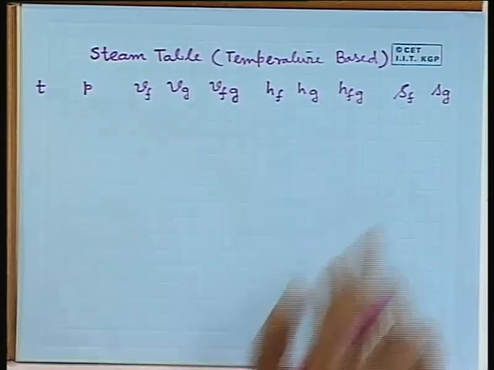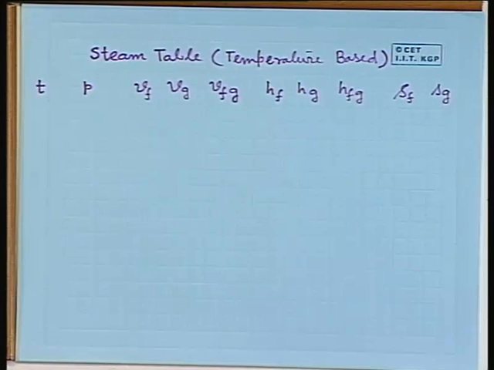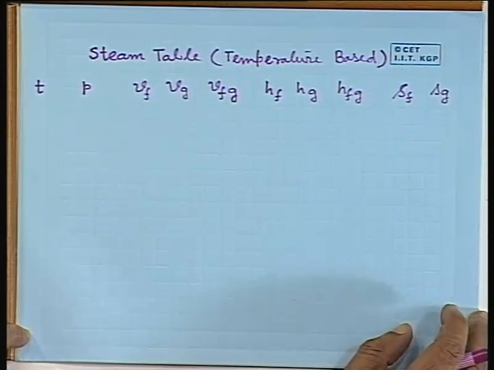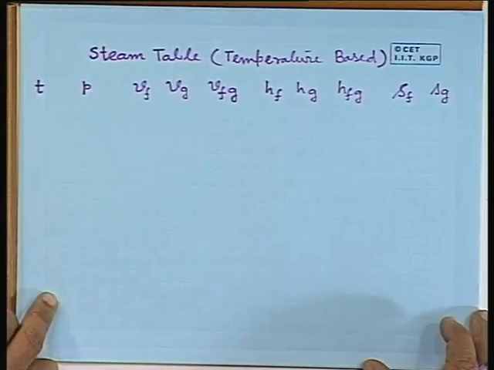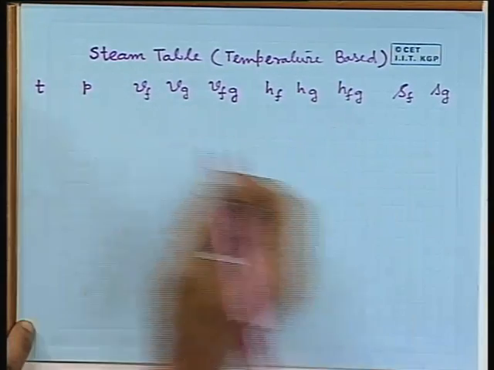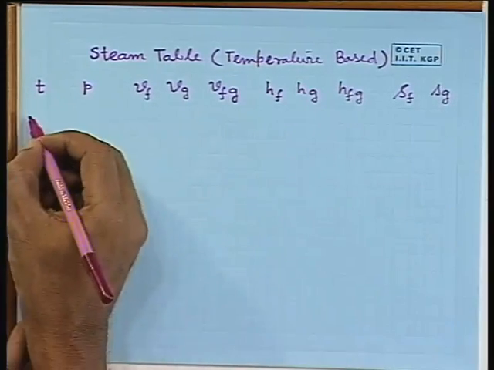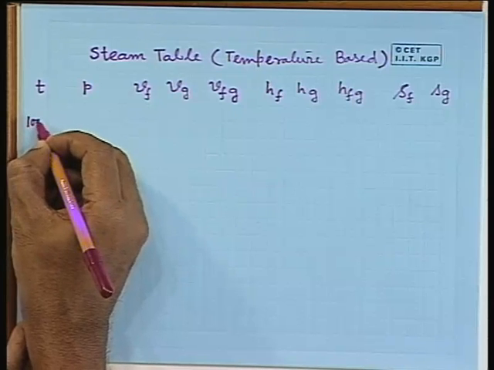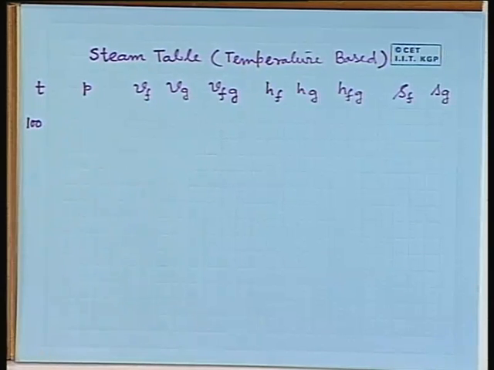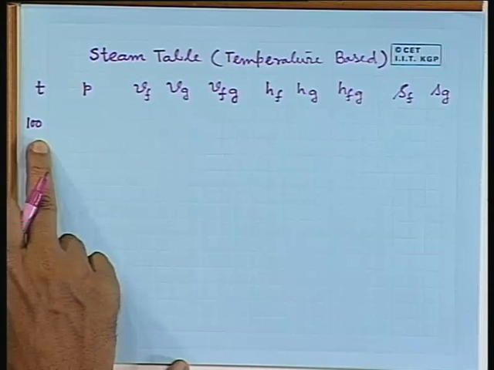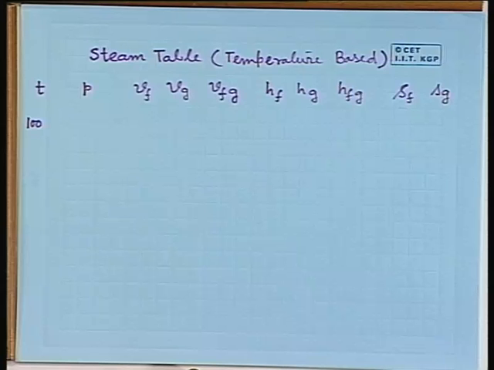Now, due to shortage of space, I will not write down the units here. So, let us take the example of steam properties at a temperature of 100 degree Celsius. If we refer to the steam table, we have to go for the temperature value at 100.